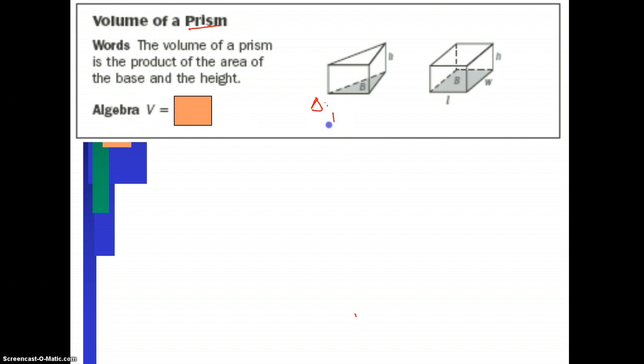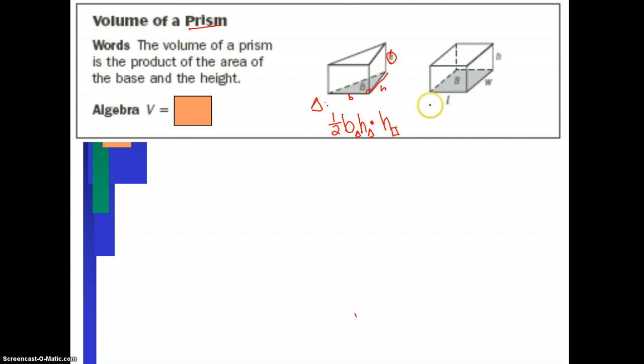You're going to use the formula 1/2 base of the triangle times height of the triangle times the height of the prism. This would be the base, this would be the height because this is where your right angle is, and then here's the height of the prism.